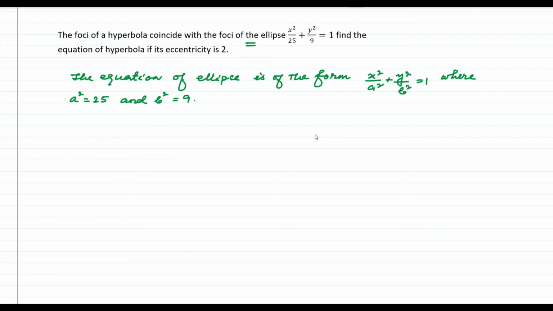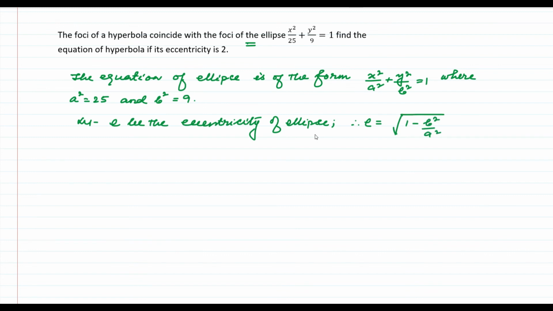So let E be the eccentricity of the ellipse. Therefore E equals square root of 1 minus b square by a square. This is the rule to find out the eccentricity when a and b are known. So 1 minus 9 by 25 gives 4 by 5. So we found the eccentricity of the ellipse.